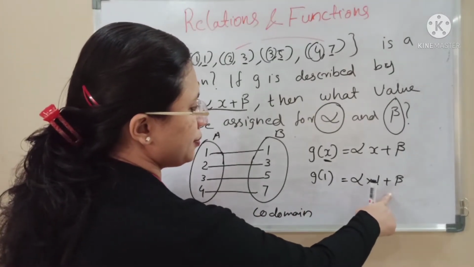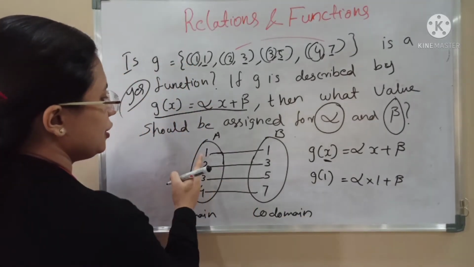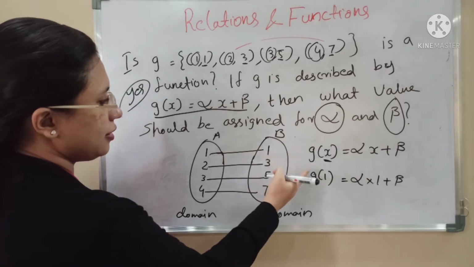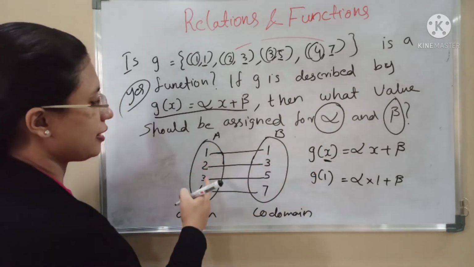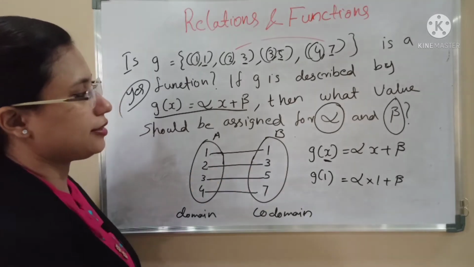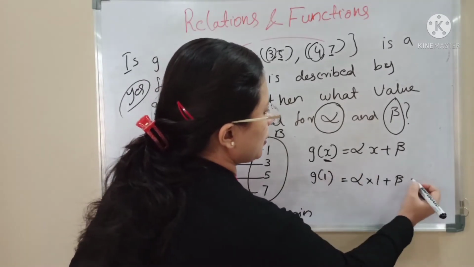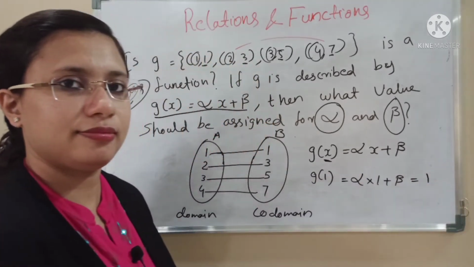If G of x, with x taken as 1, what will be the range of that? Which is also 1, right? So this is equal to 1.